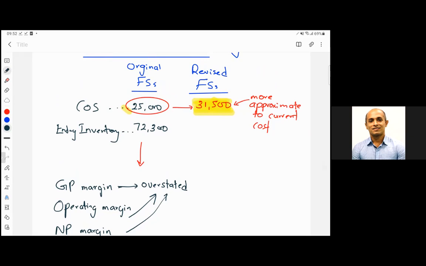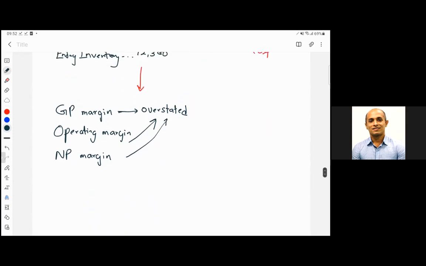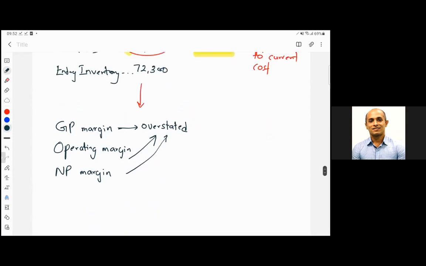In addition, you can see inventory turnover. If you do not adjust, what is the implication to the inventory turnover?